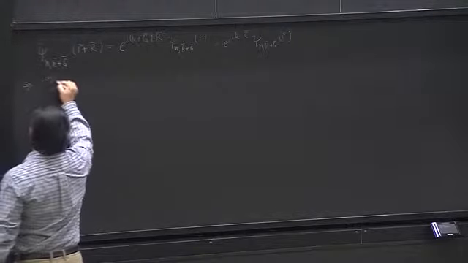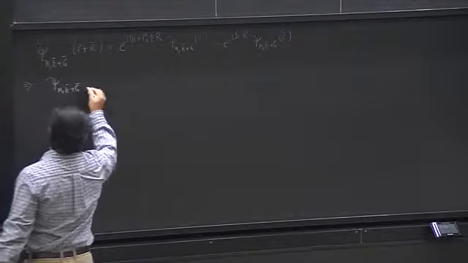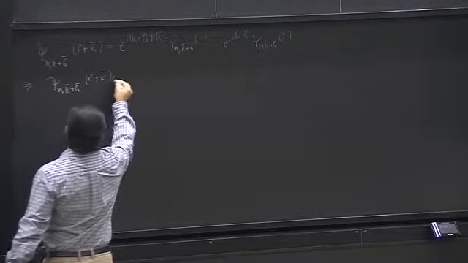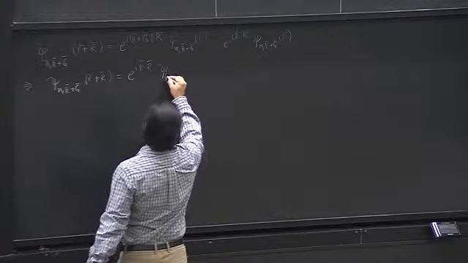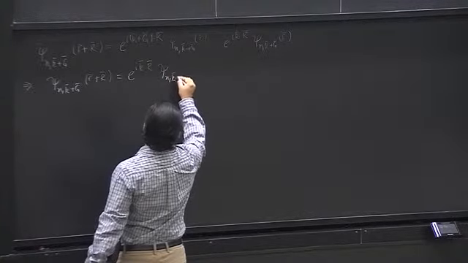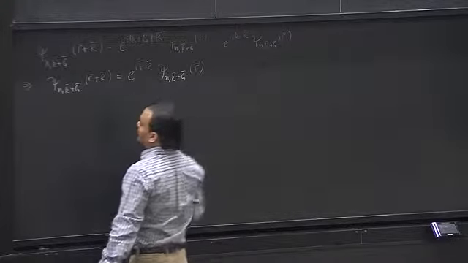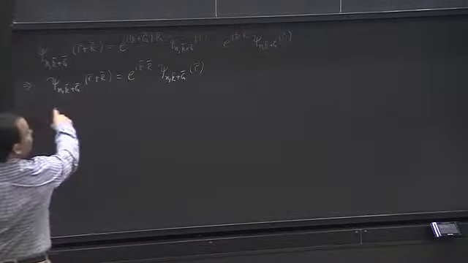We've shown that psi n, a translation by a reciprocal lattice vector, actually does nothing. Now compare this with the earlier formulation.